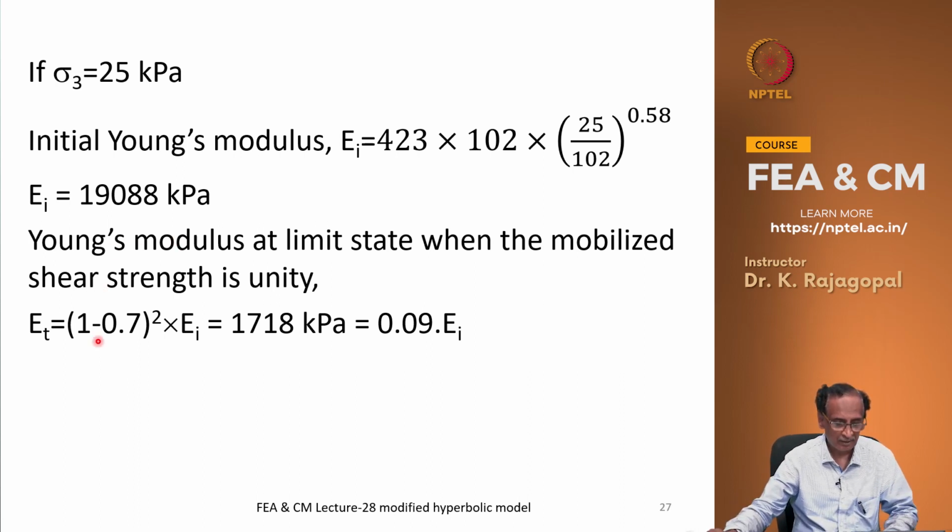So that E tangent becomes 1 minus RF times 1 squared multiplied by EI, that comes to about 1718, and that is 9% of the initial modulus.